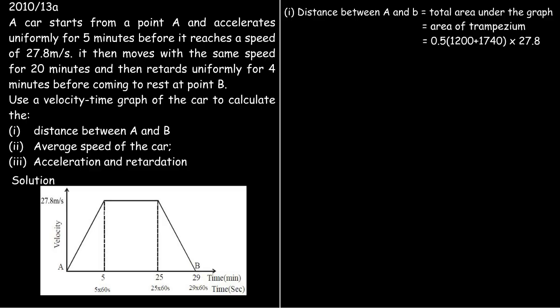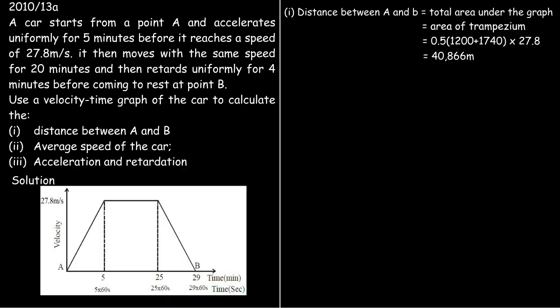Now for our a, that is the top of the trapezium, is between 25 and 5. So subtracting, it will be 20 minutes, and converting 20 minutes to seconds is 20 times 60, which is 1200 seconds. Now simplifying this further, it will be equal to 40,866 meters.